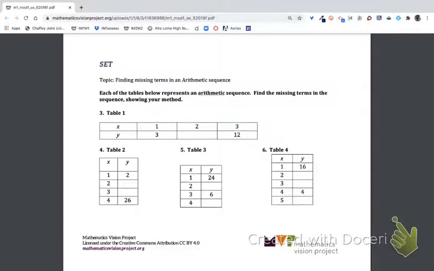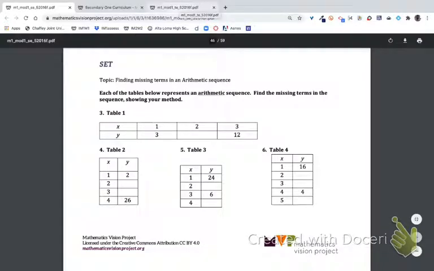So there are a number of ways that you can go through this problem. One way that you can do this is to just guess and check. I need for number 4 to be able to jump to 26. So I could say plus 10 is 12, plus 10 is 22, plus 10 is not 26.